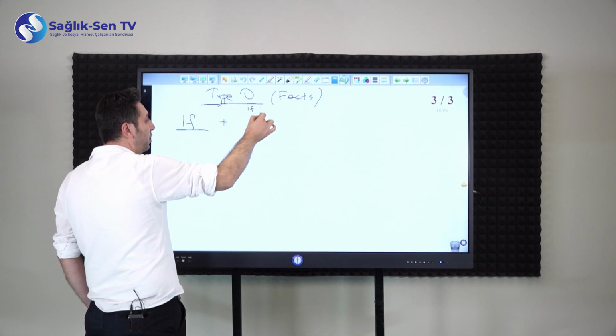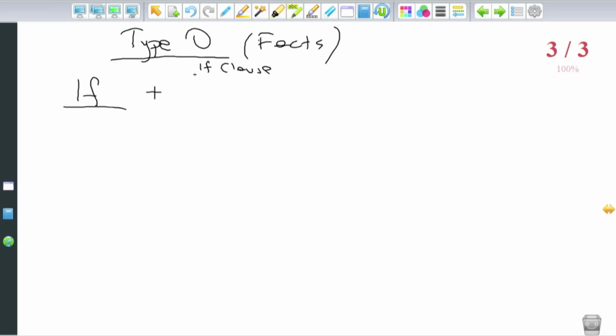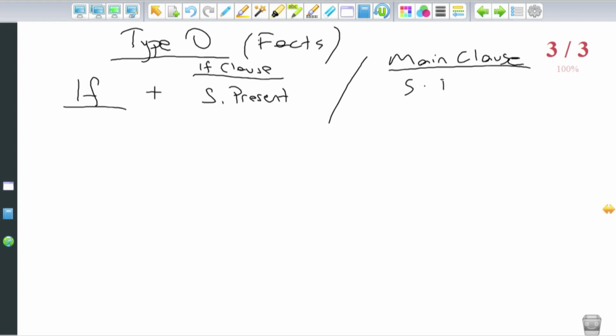It's my if clause, but this sentence must be in simple present tense. When it comes to using the main clause, again, I use simple present tense because I talk about the facts, and the facts never change.